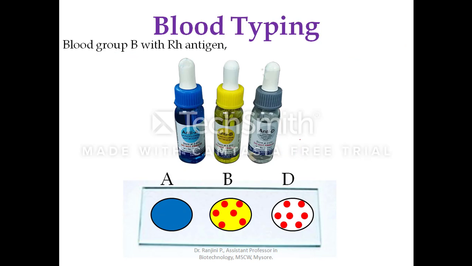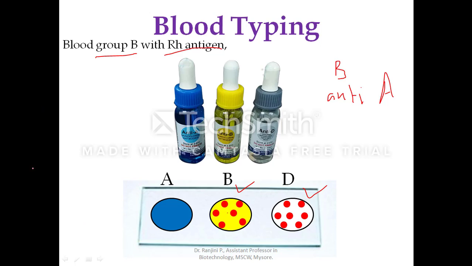Next, if the person has blood group B with Rh antigen on the surface of the RBC, then he will show blood clumping in circles B and D, because blood group B has the B antigen and he will have anti-A antisera in his blood.